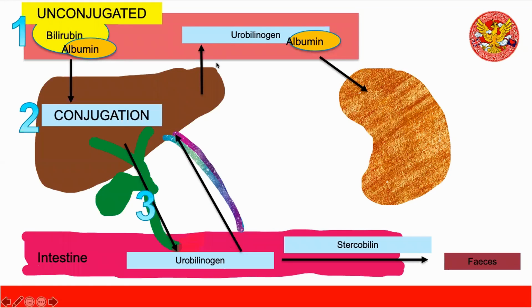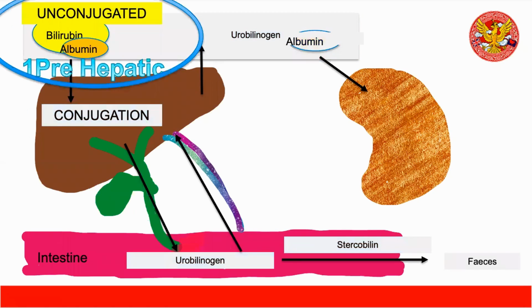I've put these numbers 1, 2, and 3 because these are the points in the cycle where there can be problems and cause accumulation of bilirubin, causing jaundice. So the first one's called prehepatic jaundice, and this is when you have high levels of unconjugated bilirubin, and this can be due to something which is causing increased red cell breakdown.